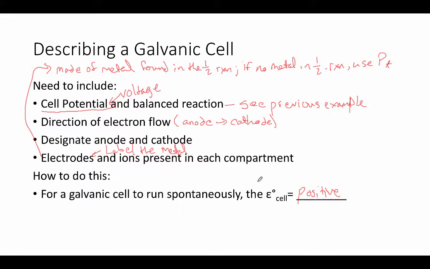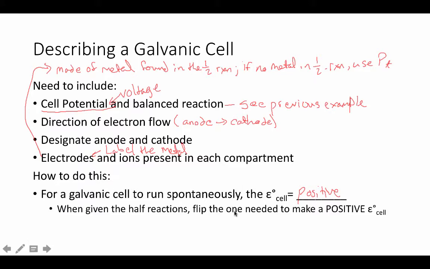So when you're given the half reactions, you need to flip the one that's needed to make a positive E0 of the cell, which means you're going to flip the half reaction that has a more negative cell potential, or E0.